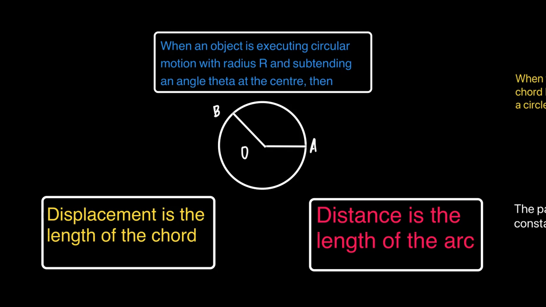So when an object is executing circular motion with radius r subtending an angle theta, what is the displacement?